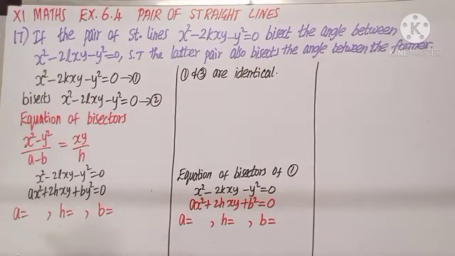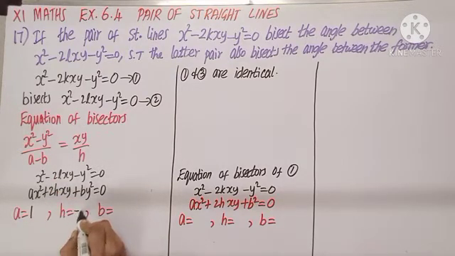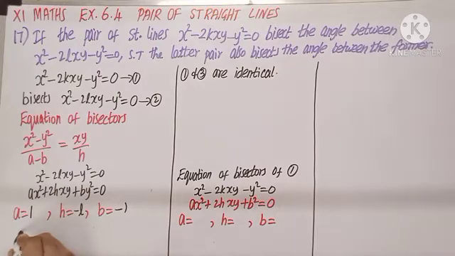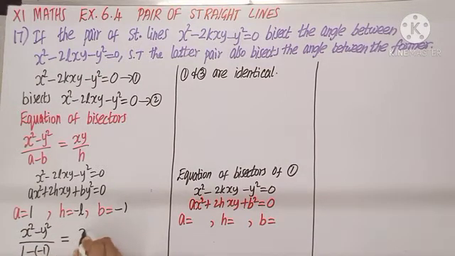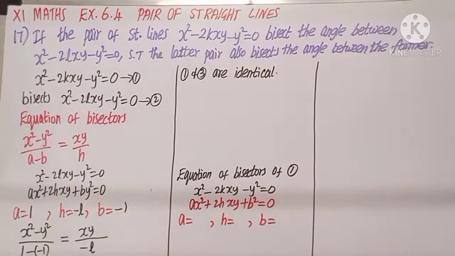As I compare, a value 1, 2h is minus 2l, so h is equal to minus l, b value minus 1. As I substitute, x square minus y square by a minus b, 1 minus of minus 1, equals xy by h, h is minus l.